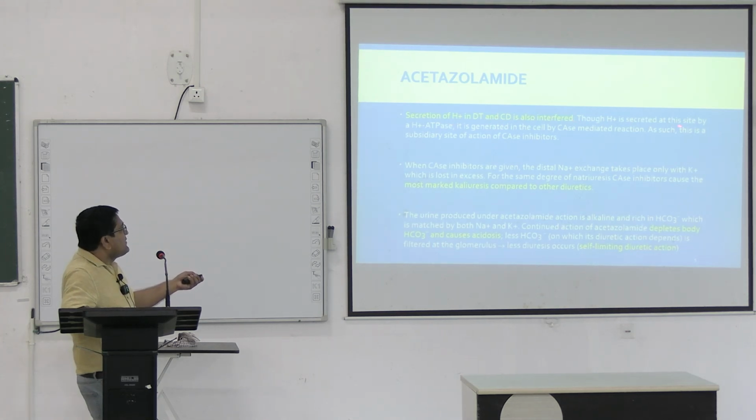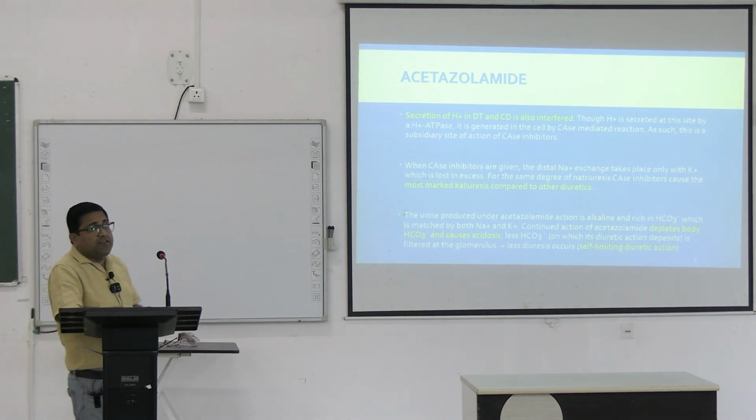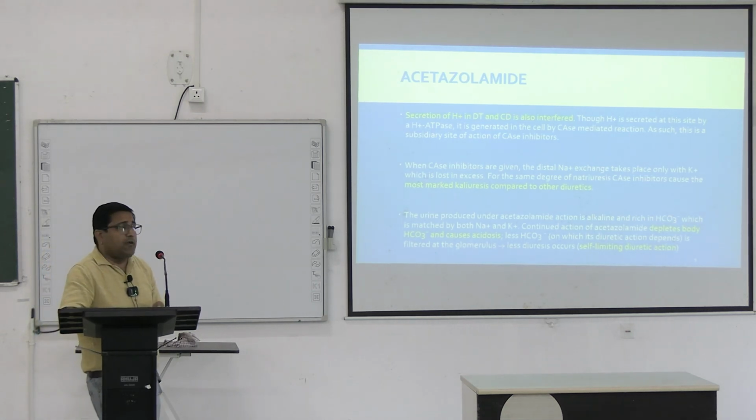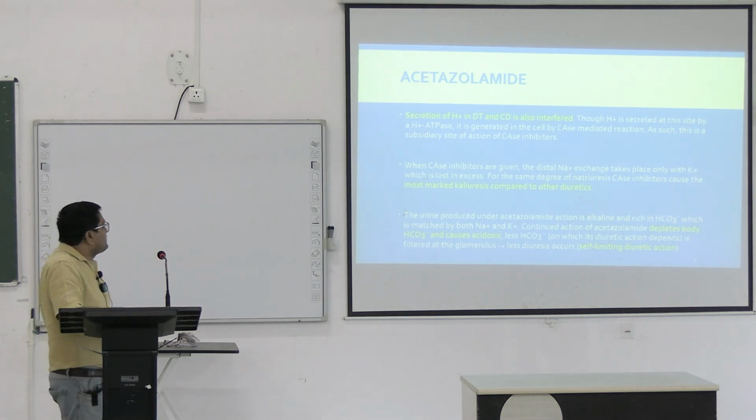Though H plus is secreted at this site by the H plus ATPase enzyme, it is generated within the cell by a carbonic anhydrase mediated reaction. As such, this is a subsidiary site of action of the drug. So primarily they have action in site 1, the proximal tubule. Secondarily, they have action also on the collecting duct and the distal tubule.